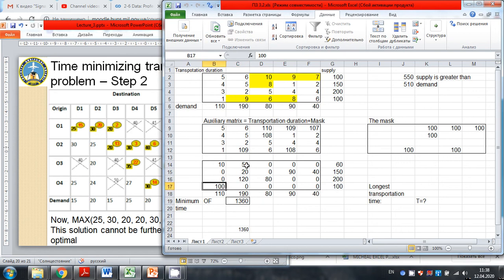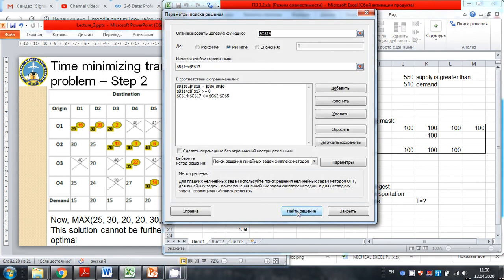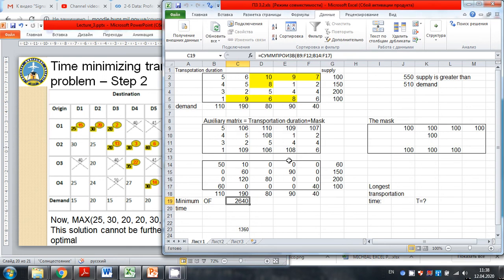So we cross out these 6s. So we see that this 6 hours transportation duration has been crossed out. Again, we find a solution once again. Let's analyze it. We see that even with this ridiculously high transportation duration of 106 hours, it's still represented in the solution mix.